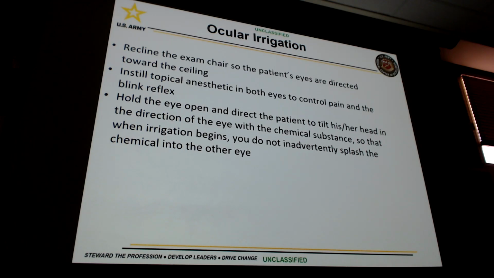If you don't have a Morgan lens, then you have to stand over that patient and spray either saline or a bottle of something, water, I don't really care, over the patient's eyes for 30 minutes. That gets very tiring after like 1 minute, okay? So 30 minutes is what we need for ocular irrigation. The Morgan lens is a great way to do that because it's hands-off.